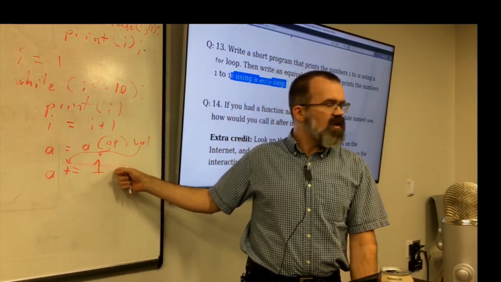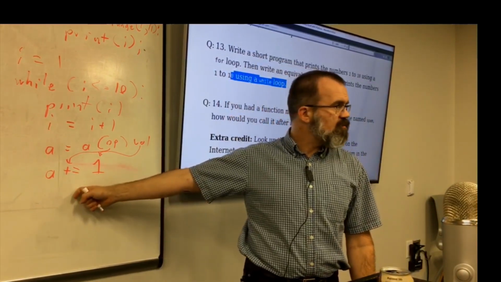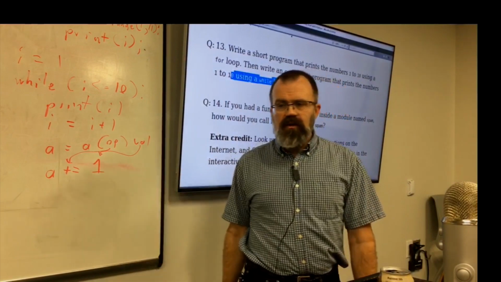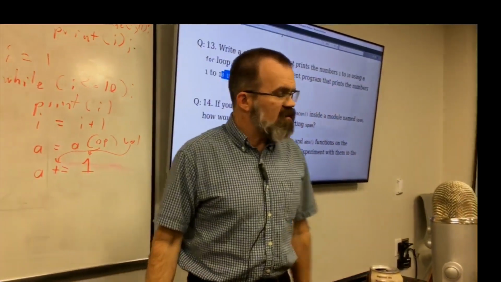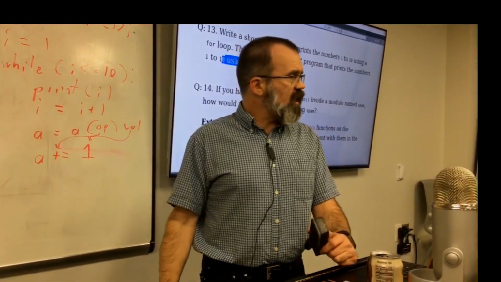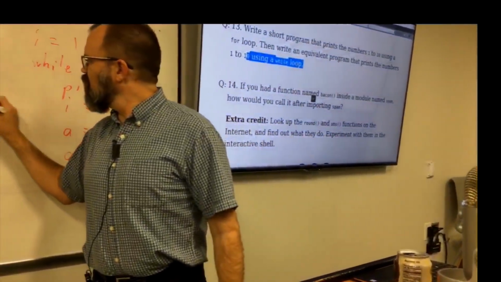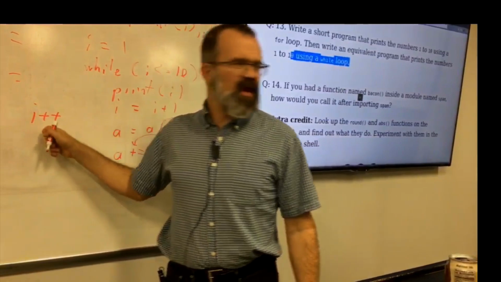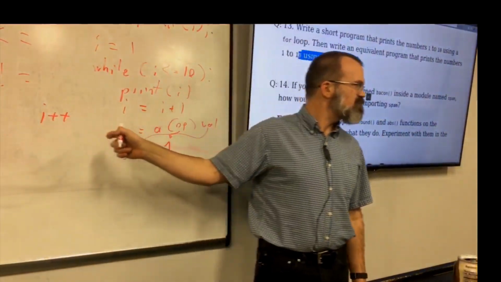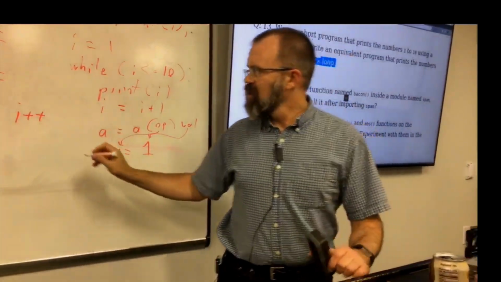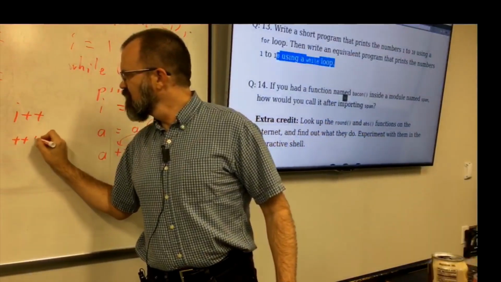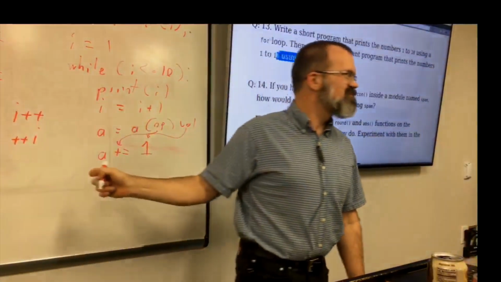So this is the same thing as saying add 1 to a. Because adding 1 is so common, apparently we can't have enough ways of doing it. So this would also be adding 1 to i. As would that.